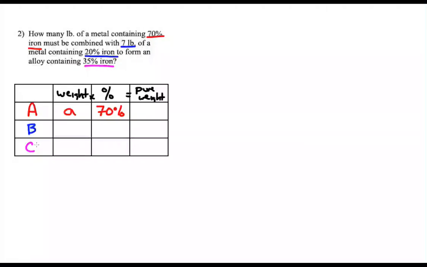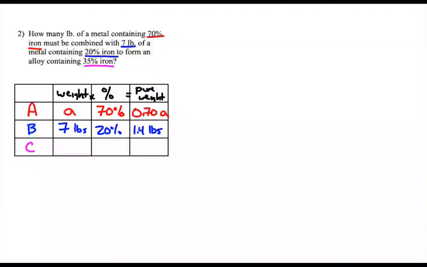So when we multiply those together, that's just going to be how much weight of iron we have from A. Well, 0.70A. Just multiply these together. For B, it tells us we have 7 pounds, and it's 20%. So if I multiply 20% times 7, I know I have 1.4 pounds. And for C, how much is the weight going to be together?